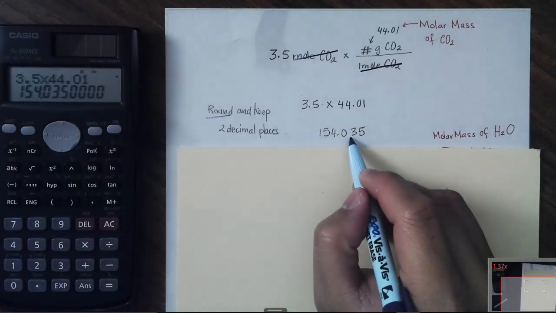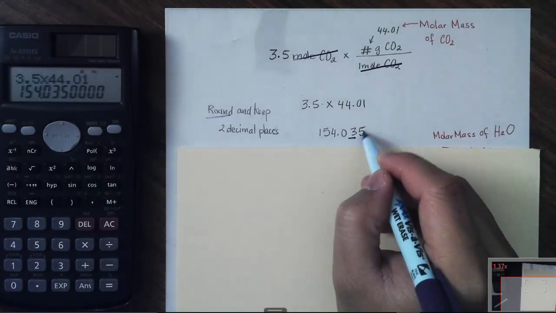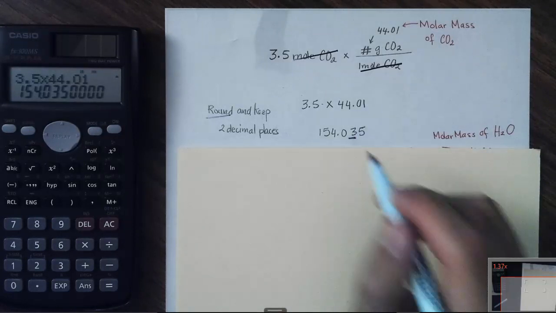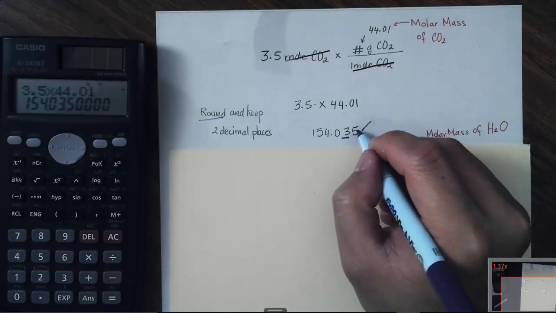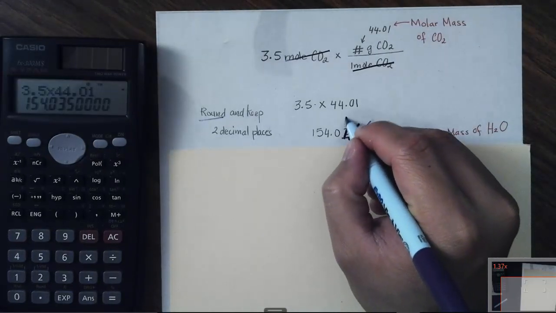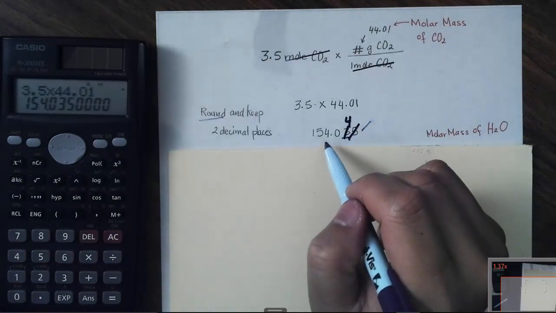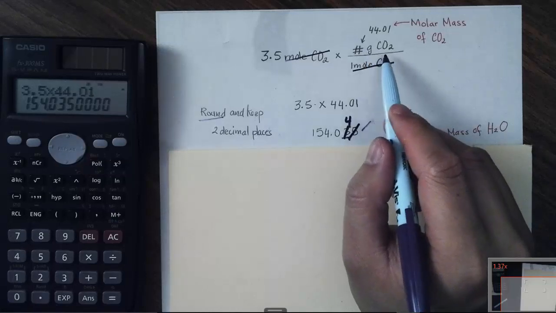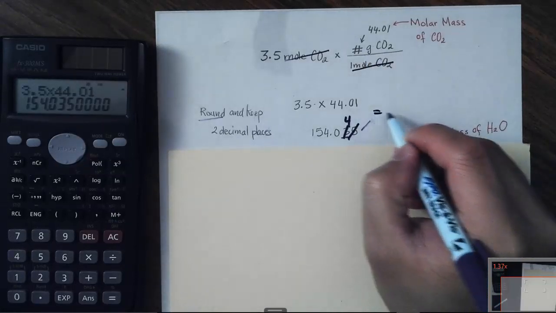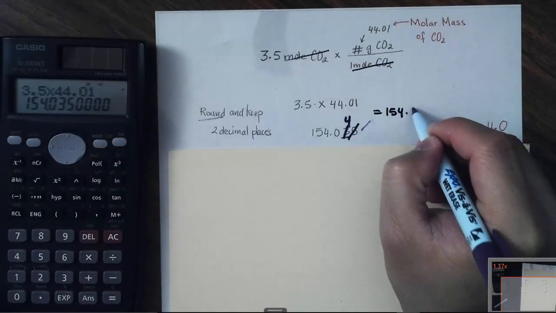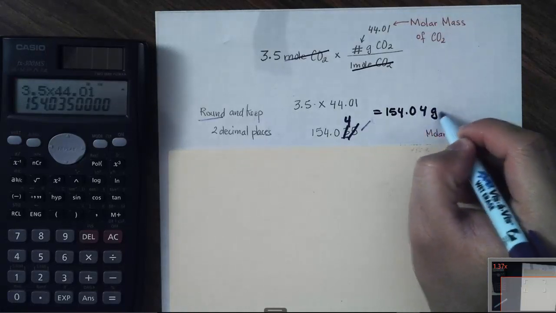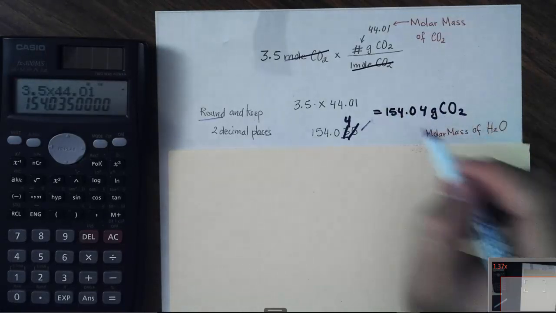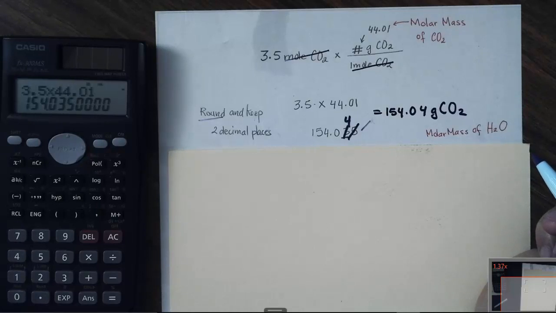And here's my second decimal place. So I look at the next number, that 5 will make the 3 into a 4. So this becomes a 4. After we calculate and get our number, the rest is just copy down the unit and the chemical. So what we have here is 154.04 grams of carbon dioxide. And there you go, we are done.